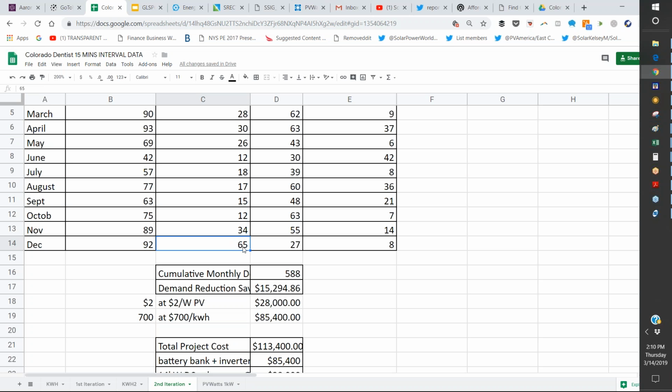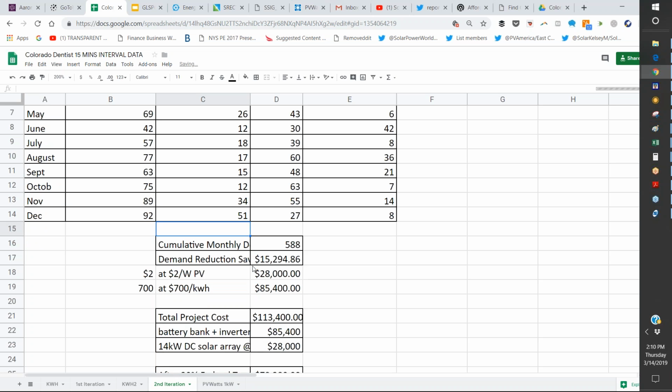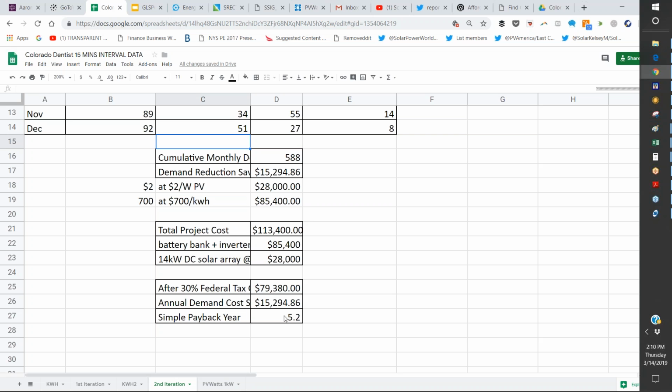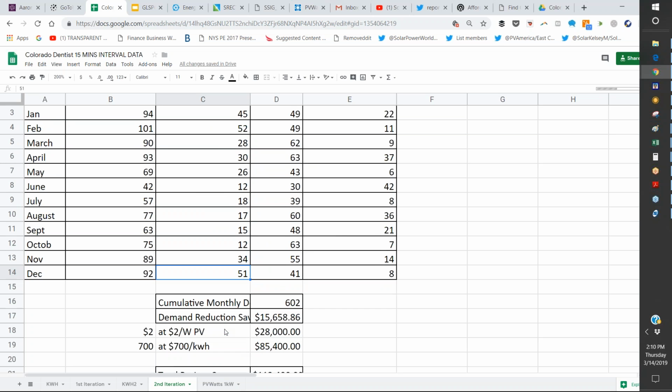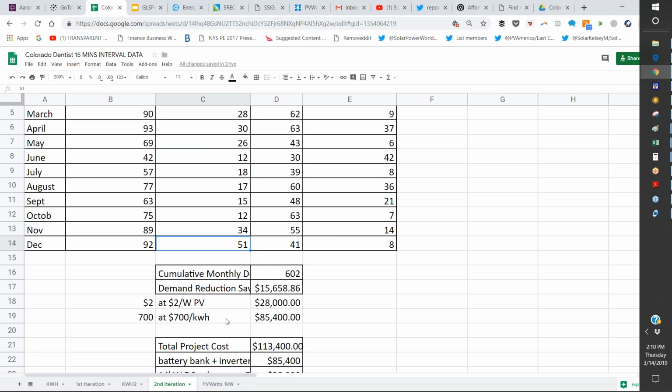So to kind of load level in December, right now I have a 5-year payback. To load level in December down to 51 kilowatts, I need 174 more kilowatt hours in my battery bank.